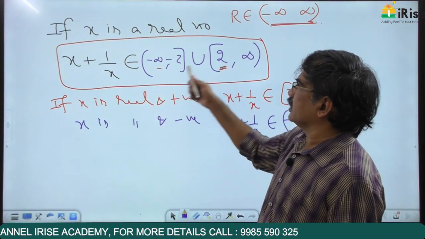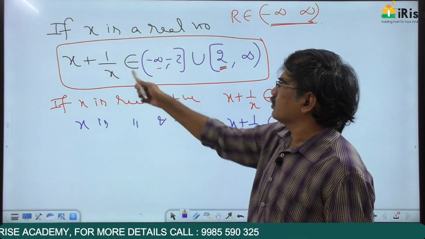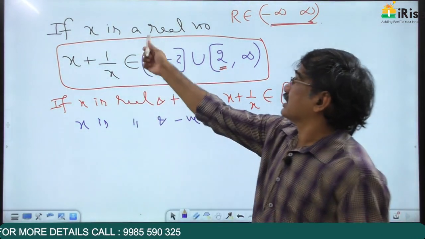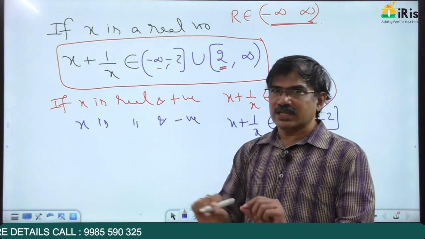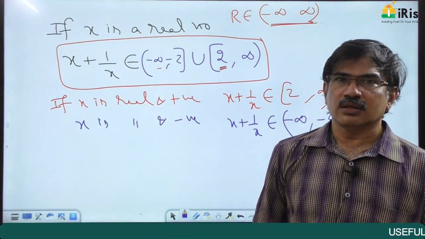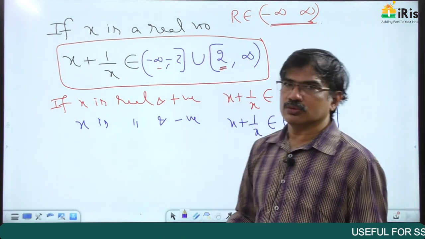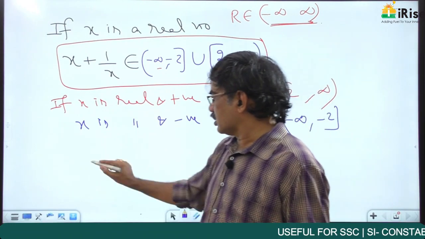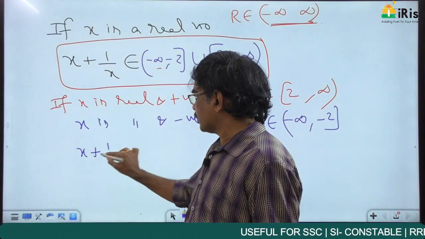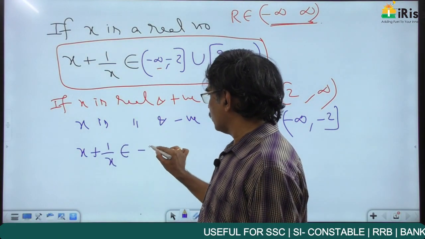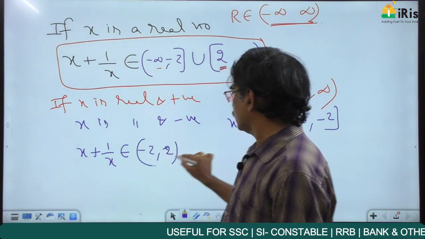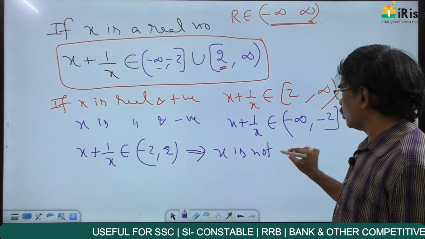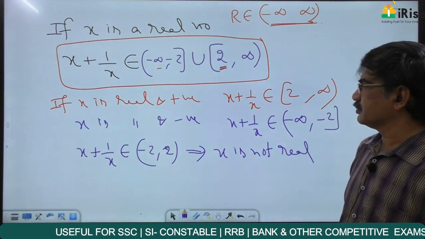Then see carefully, if x is a real number, x plus 1 by x does not lie between minus 2 comma plus 2. Then when does it lie between minus 2 comma plus 2? The third case: x plus 1 by x belongs to minus 2 comma plus 2 if and only if x is not real.